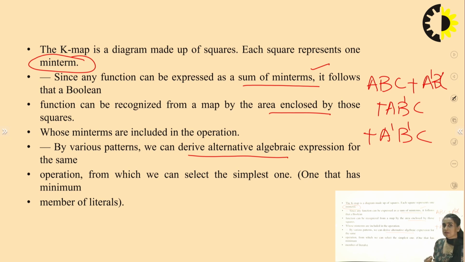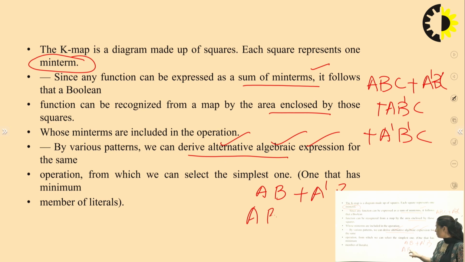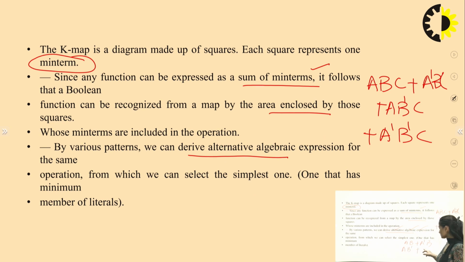Even the final solution will have different alternative algebraic expressions, but the motive is finally we should have a minimum number of terms and a minimum number of variables. Let's suppose by one solution I get the answer AB plus A bar B. Another solution provides me AB bar plus AB.